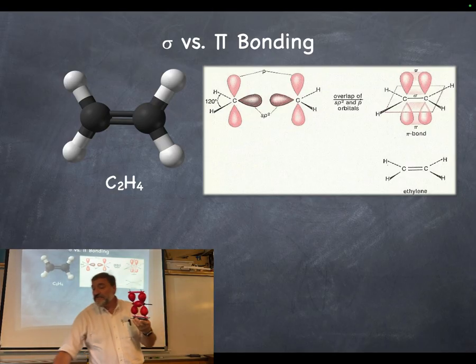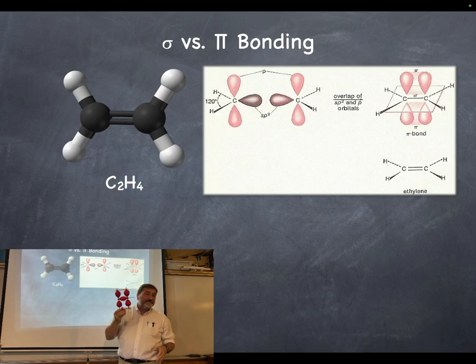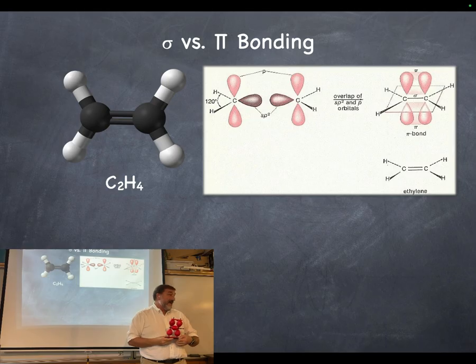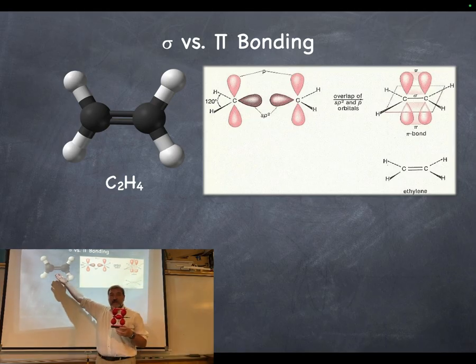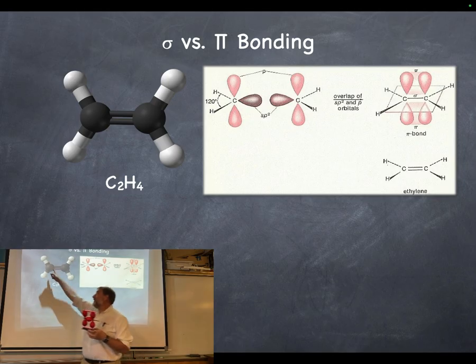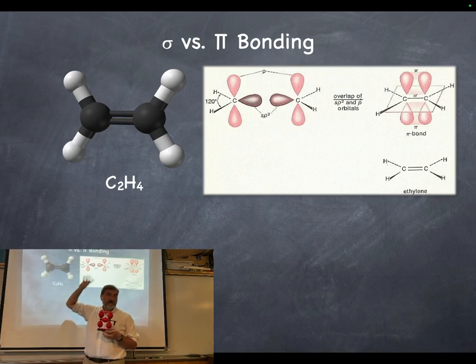Okay? In terms of what you have to do on a test, it's dead simple. The only thing I've ever seen them ask is to count how many. So they would say, look at this molecule. How many sigma bonds are there? How many pi bonds? A single bond is a sigma. So 1, 2, 3, 4.